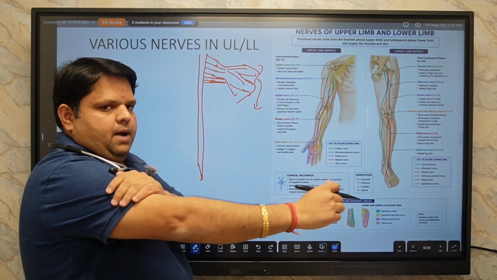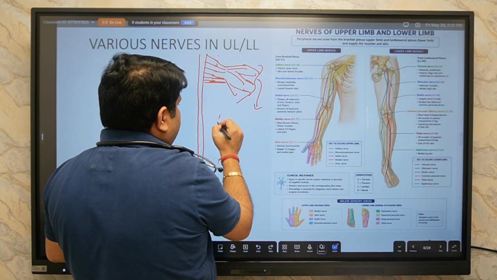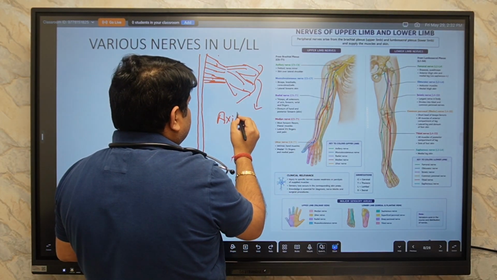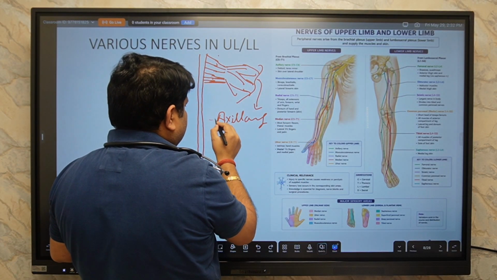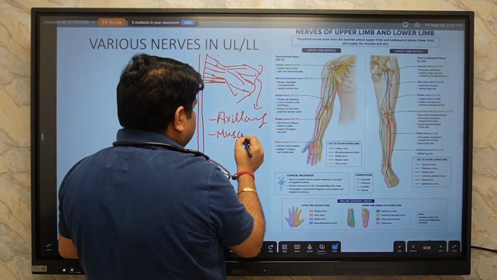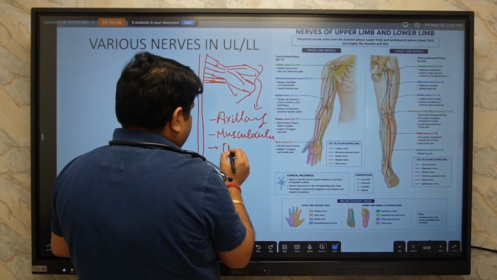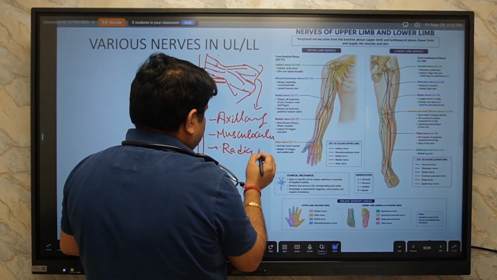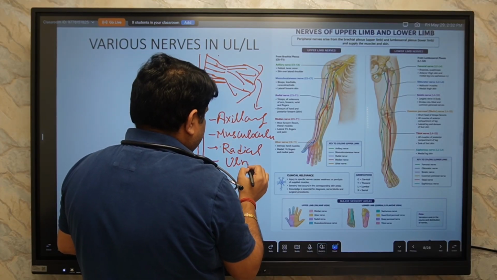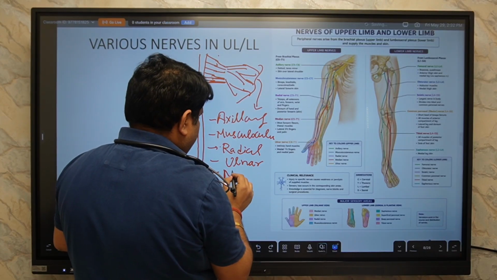In the upper limbs, the main nerves are the axillary, musculocutaneous, radial, ulnar and median.